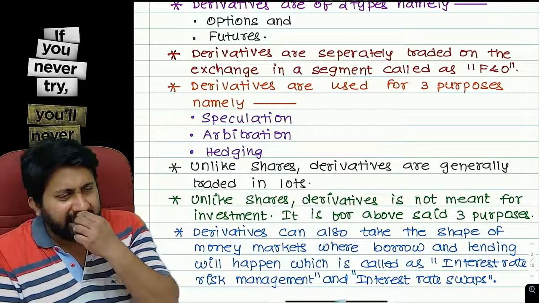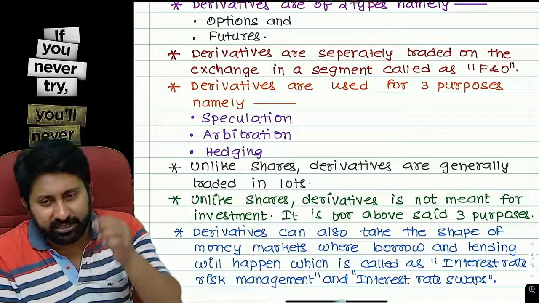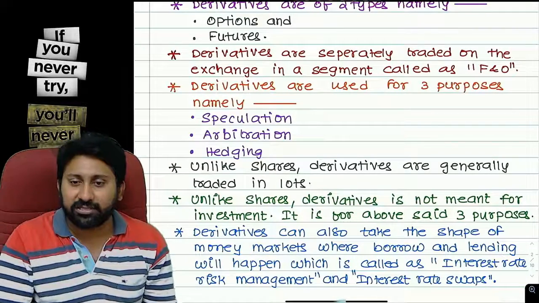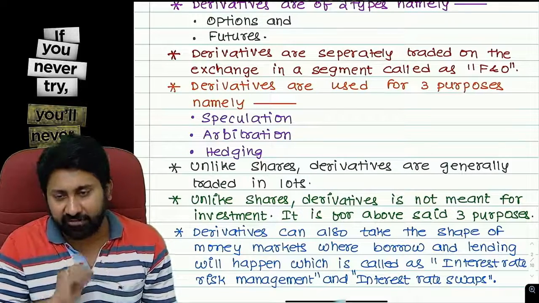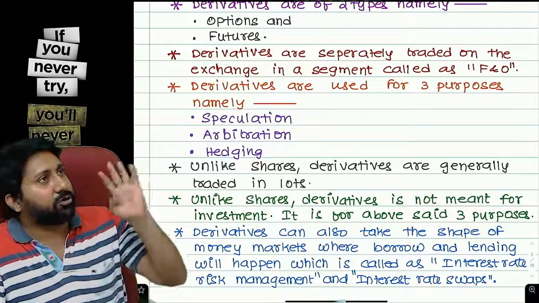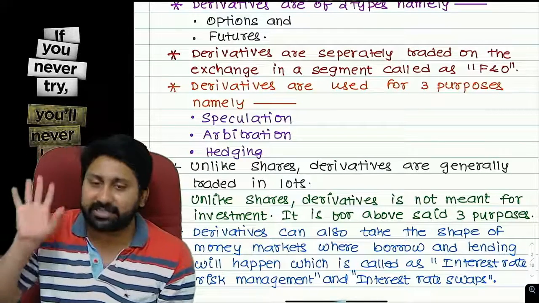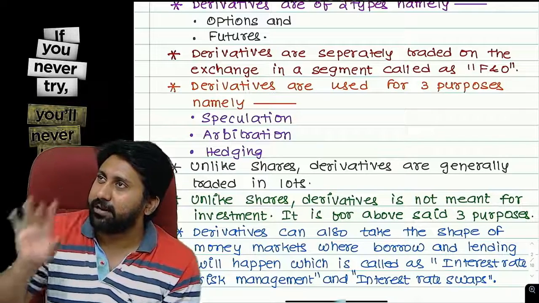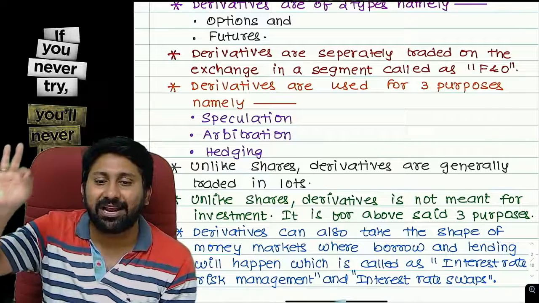Then arbitrage. Generally, the chance of arbitrage in the direct cash market is very small, but the chance is there. What does it mean? I want to invest in a share. I open the NSE website and the share price is shown at 2000. I open the BSE website and see the share trading at 1985.